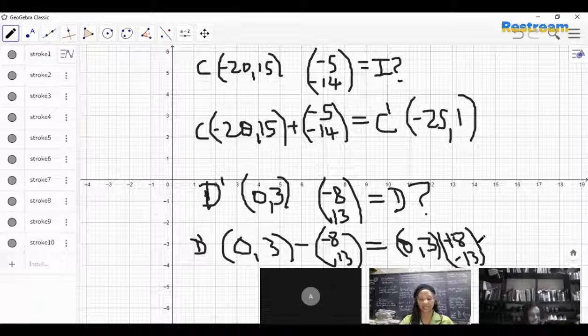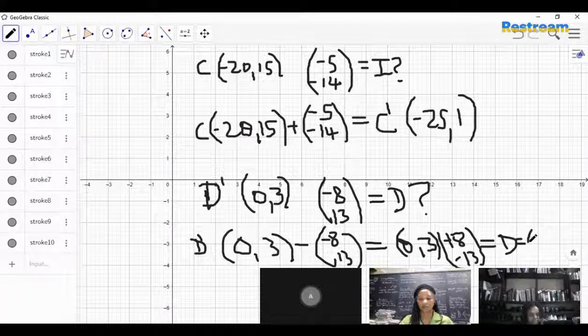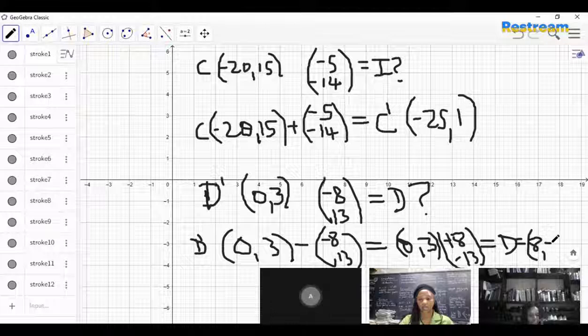Am I correct? Yes, Miss. So what would be the object? 0 plus 8 is 8, and 3 minus 13 is negative 10. So it will be 8, negative 10.